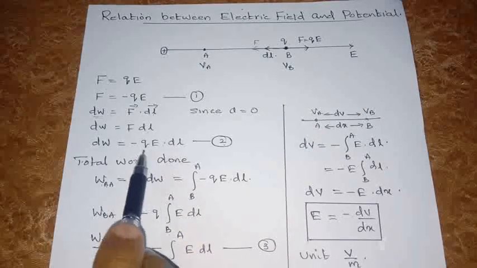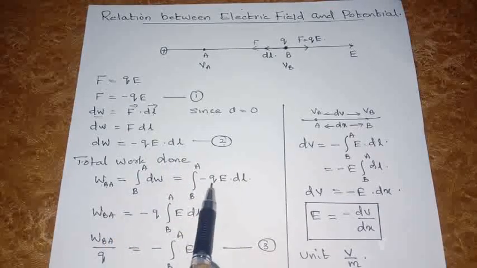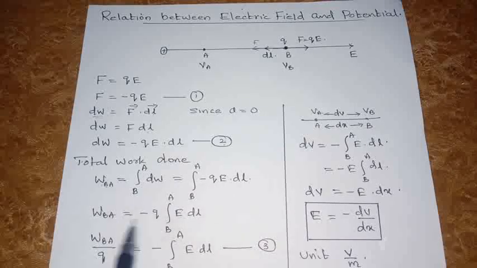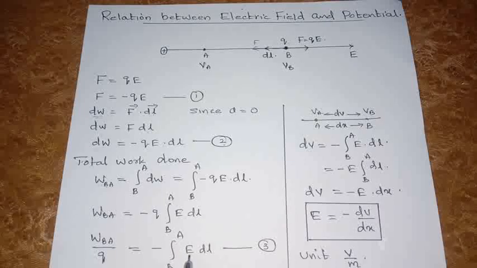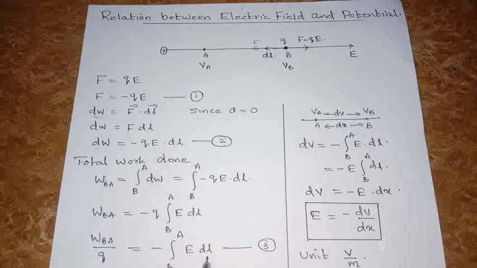Now Q is a constant term and can be taken out. WBA is equal to minus Q times the integral from B to A of E dl. Now Q can be taken to the left. Then I'll be getting WBA by Q is equal to minus the integral from B to A of E dl, because theta is equal to 0 over there. Put this as equation number 3.